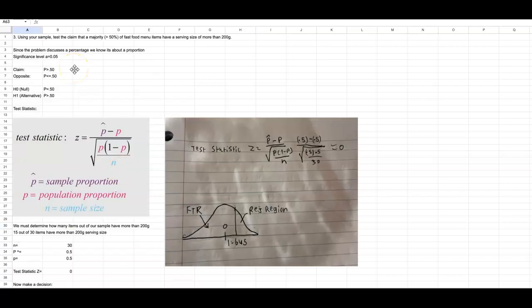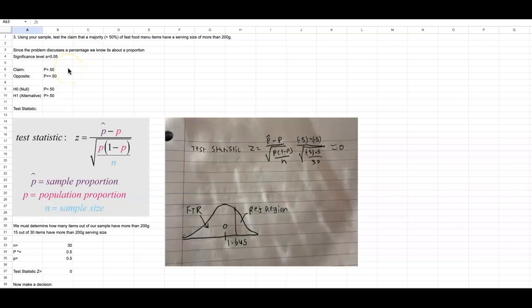Here we have a hypothesis test, and we know it's about a proportion because the question discusses a percentage. We're going to use a significance level of 0.05. So to find the null and alternative hypothesis, first you want to state the claim. So the claim is that a majority, which is greater than 50% of fast food items, have a serving size more than 200 grams.